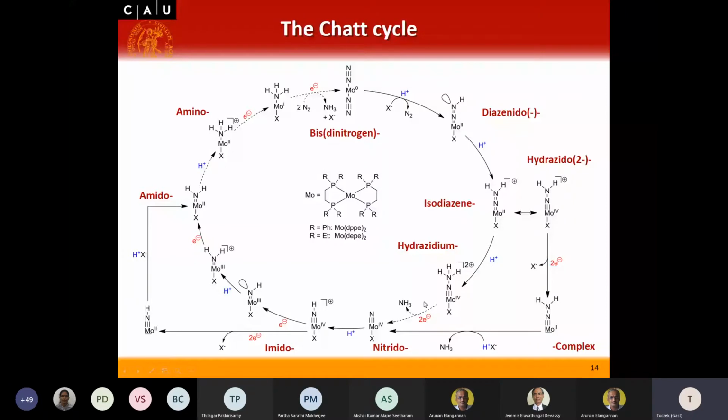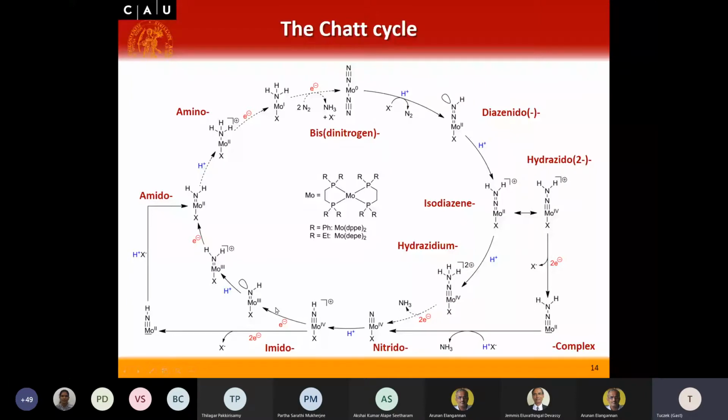But from the established chemistry of this Chatt cycle, the steps are less clear-cut than in the Schrock cycle. So it's not alternating. Here you have 2 protonations, and then you have a 2-electron reduction, and so on. And of course, this system has never been catalytic in the past.